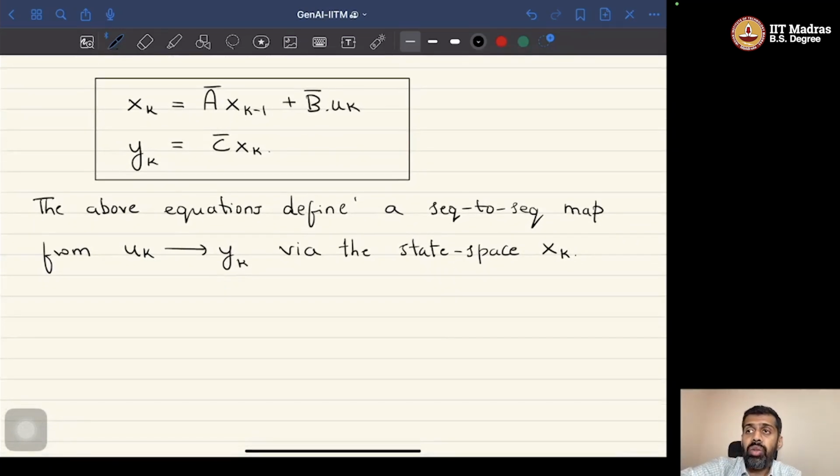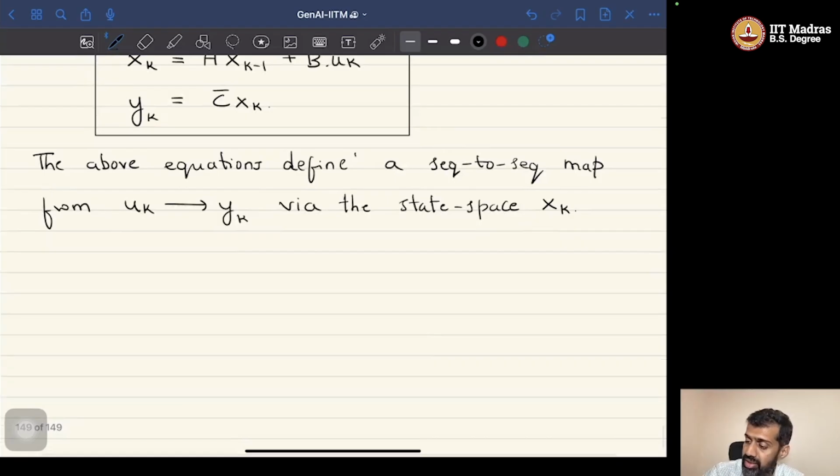Okay. Given this, the next goal is to come up with a method that would enable us to find A bar, B bar, C bar via training. So how do we obtain A bar, B bar, C bar given some data is the next question that we are going to answer.